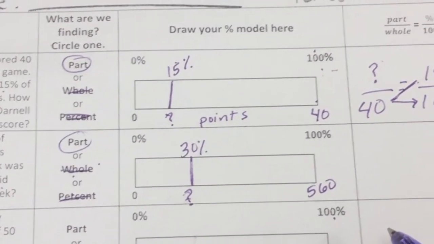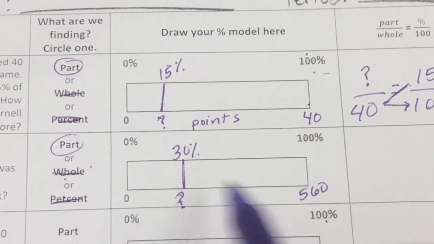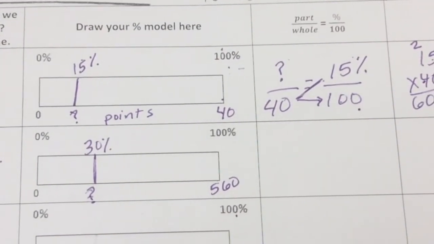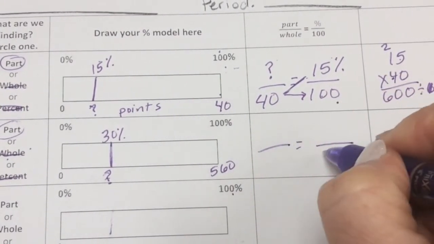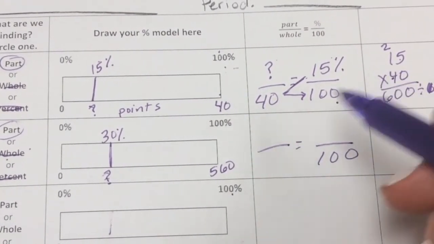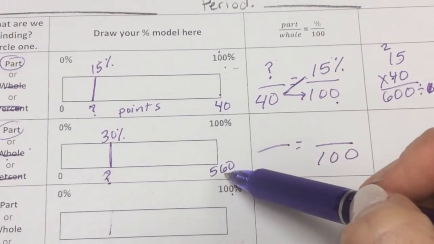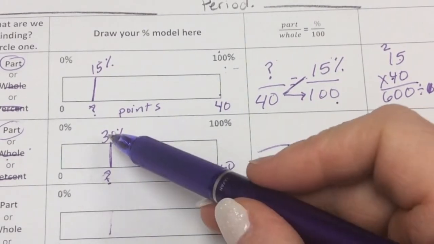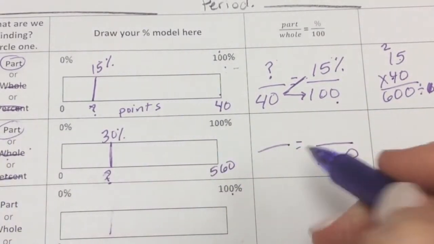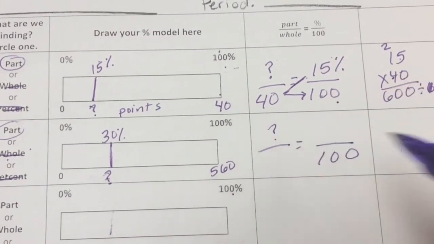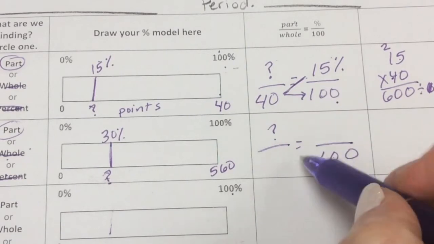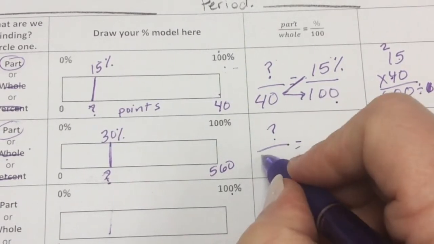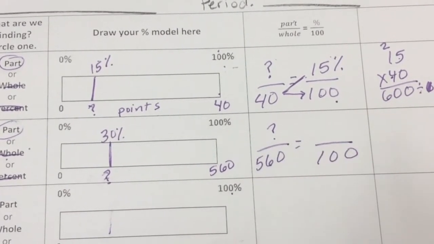All right, so what I would look at is my percent proportion. I'm going to zoom out just a bit so we can see both. Okay, I know my 100 always goes here. Now, the part that he saved is what we don't know. So part over whole equals percent over 100. We do not know the part yet. But we do know the whole, 100% of his check, is $560.